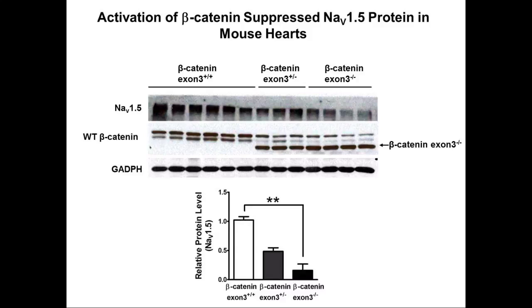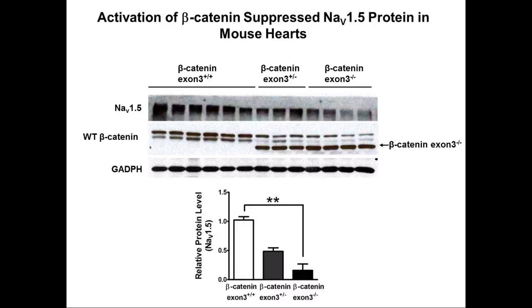We also got animal models from UCLA, from Dr. Ajin's lab, with exon 3 deletion. Beta-catenin exon 3 encodes the peptide containing the amino acids of the phosphorylation site for GSK3 beta.